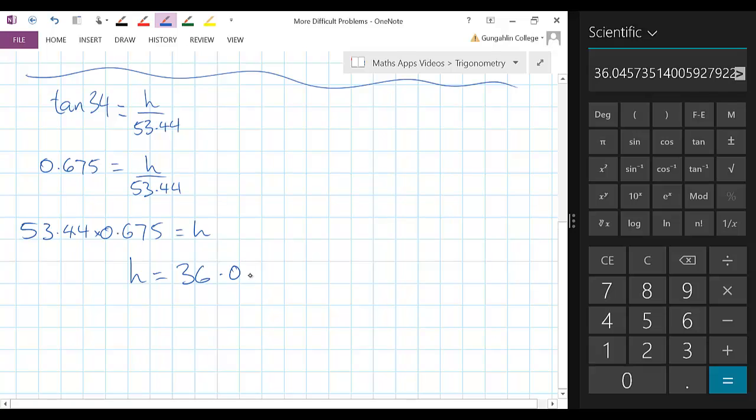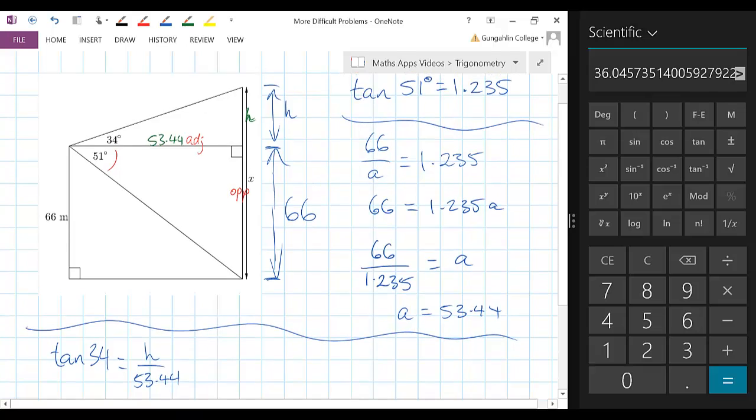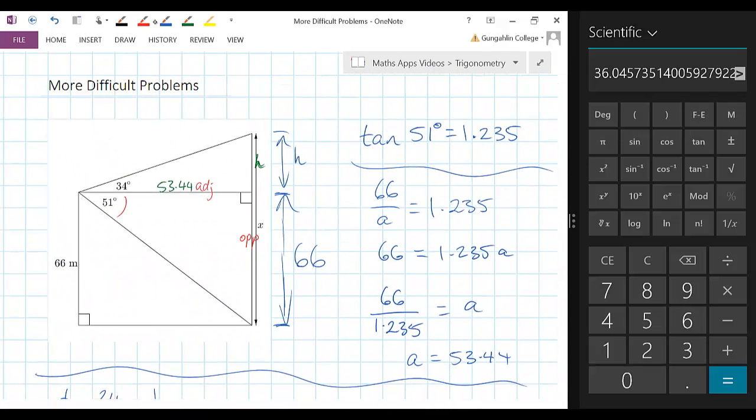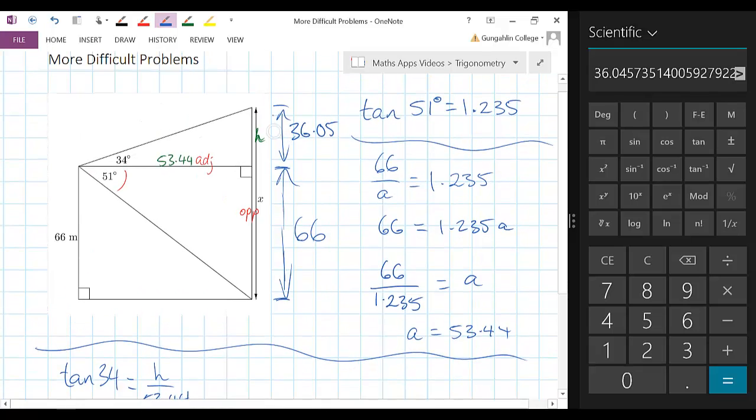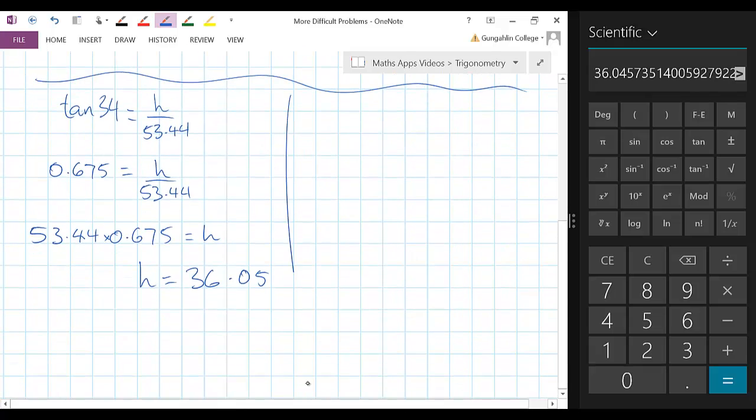Alright, so we know that h is 36.05. What did I say it was? 36.05. So the total distance x is found by going h plus 66, those two things added together.